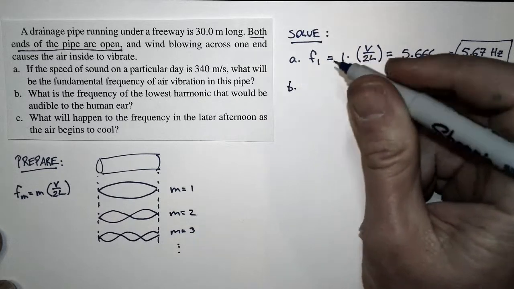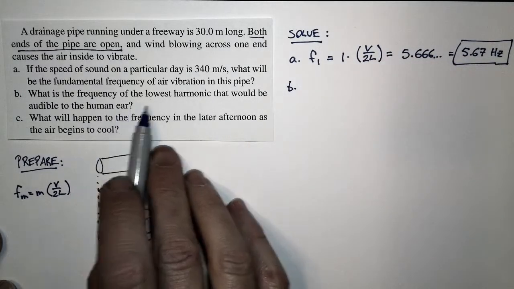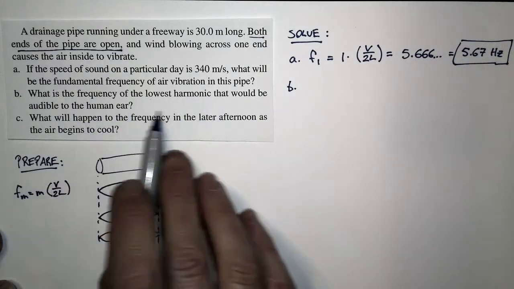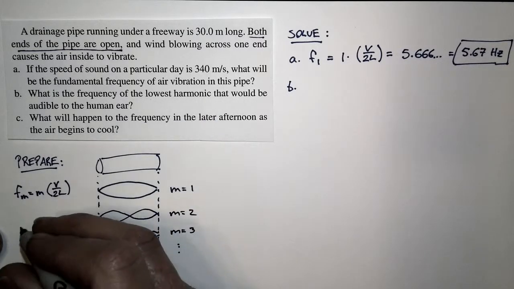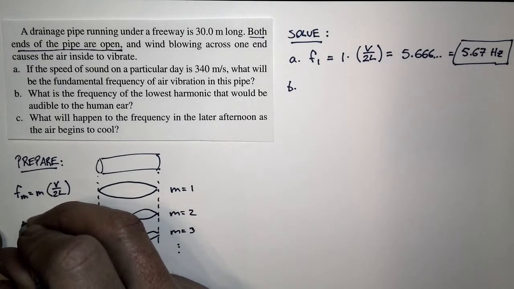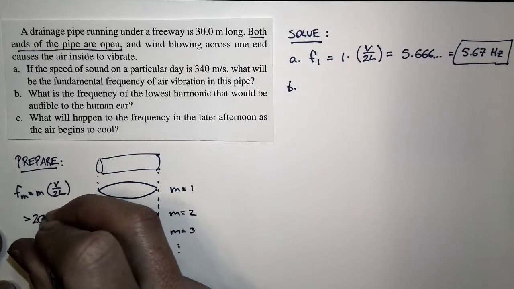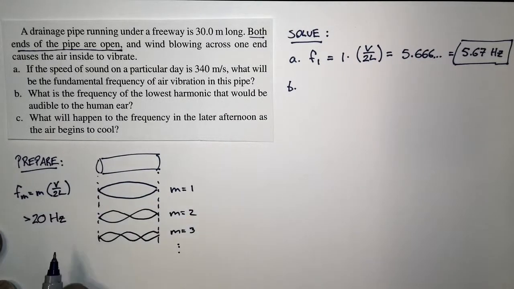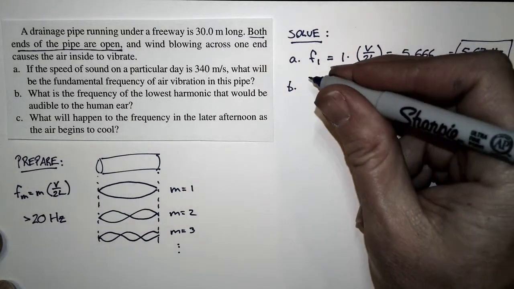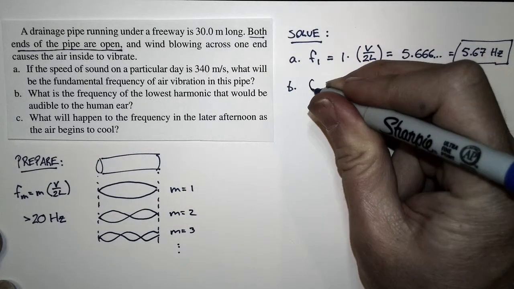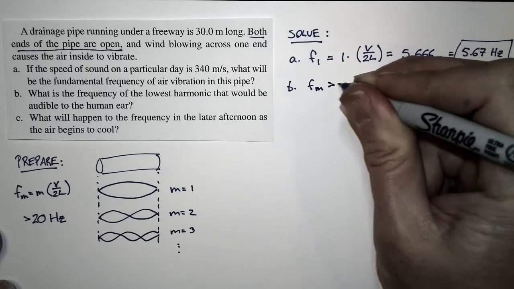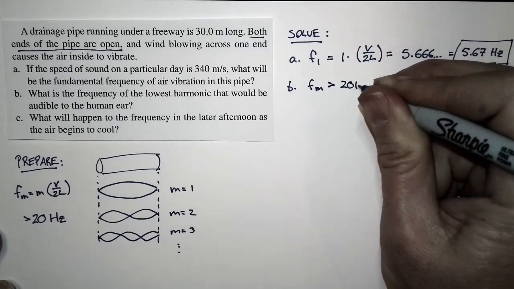Now part B asks for the frequency of the lowest harmonic that would be audible to the human ear. Now, the frequencies that are audible to the human ear are greater than 20 hertz. 20 hertz is what we're told is the cutoff for hearing, and that's about right. So we're looking for the lowest possible mode that's greater than 20 hertz.